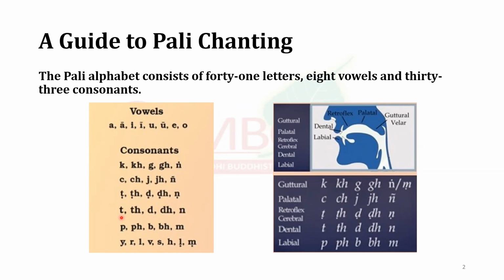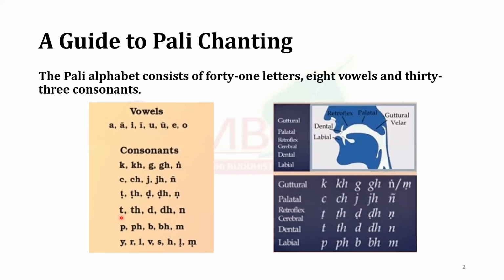Without dot is the dental sound, with dot is the palatal. So TH without dot is the as in teeth. But T with the dot below and H becomes the other sound.